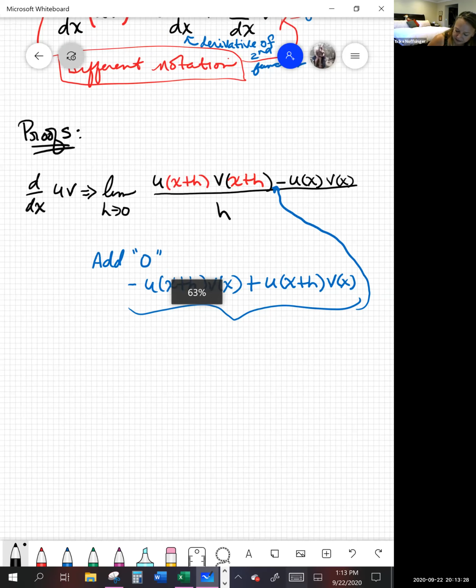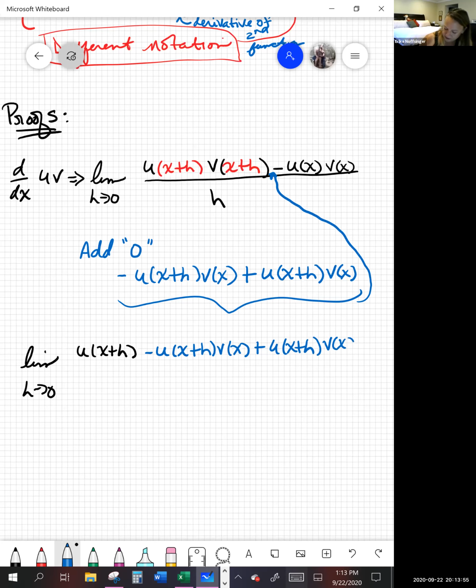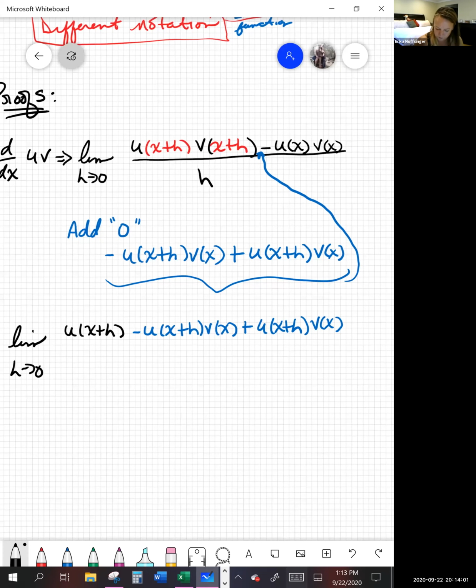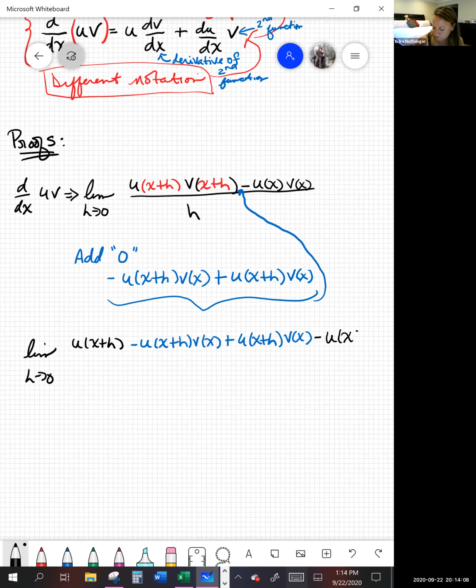Doing this, we get the limit as h is approaching 0 of this first piece, u of x plus h, minus what I just added in, this funky 0, negative u of x plus h v of x plus u of x plus h v of x, minus my u of x times v of x, all over h.